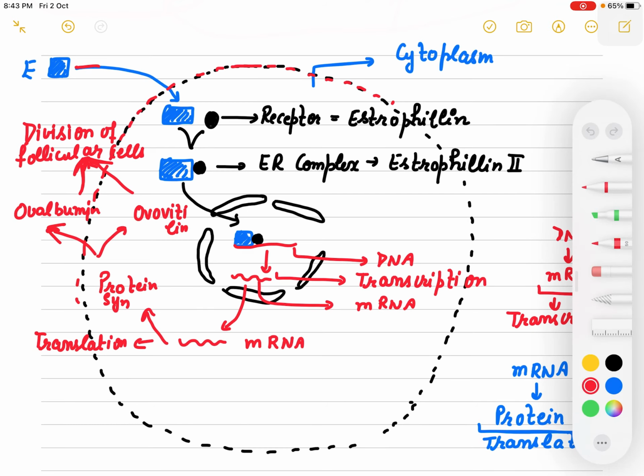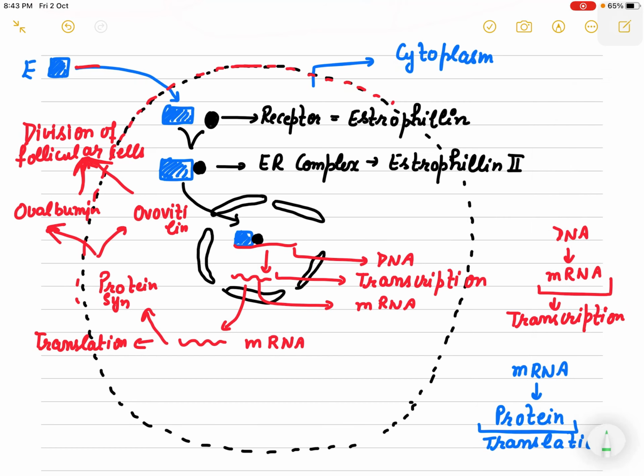Let me cover it with another pen, right. So here what is happening, this is our estrogen, released, the follicular cells have released it. This estrogen has moved into the cytoplasm, right. It reached into the cytoplasm. Here its receptor is present.